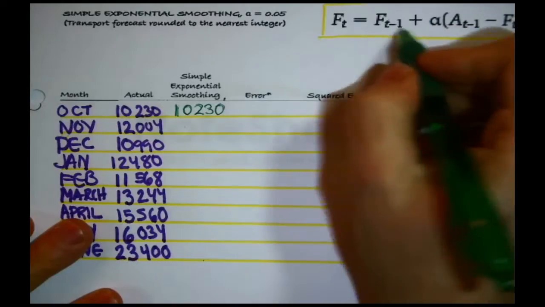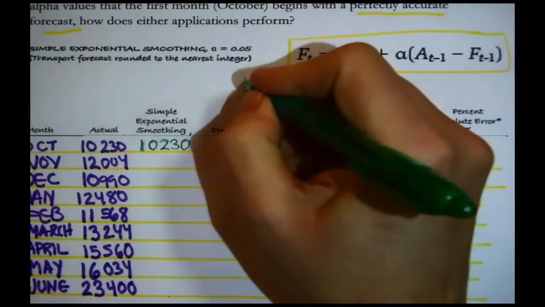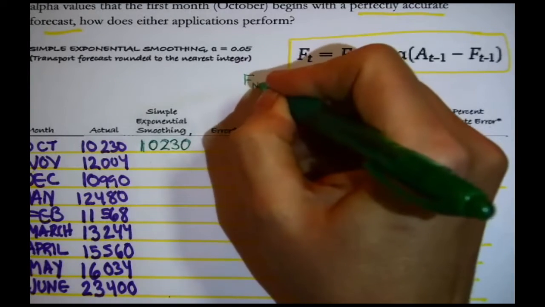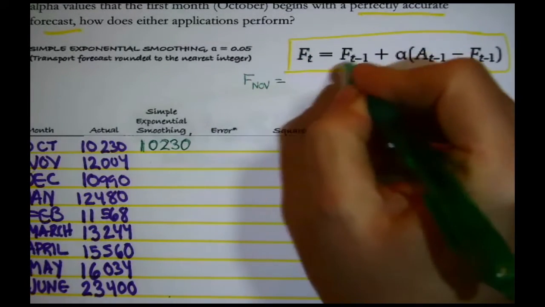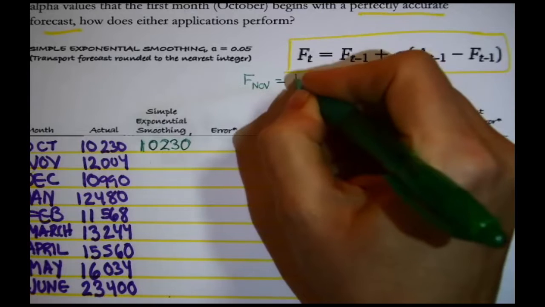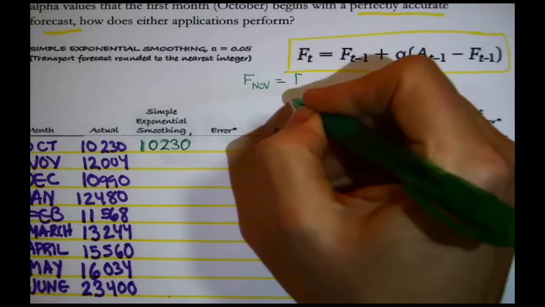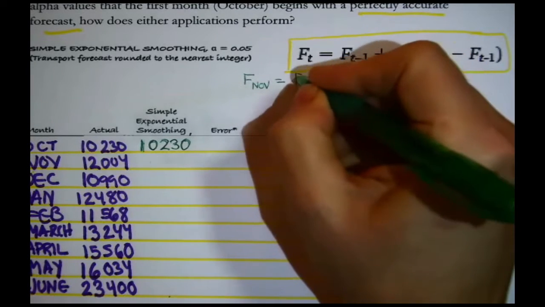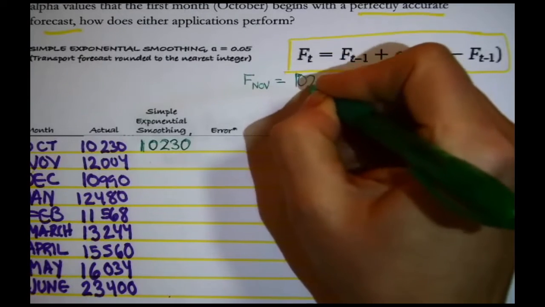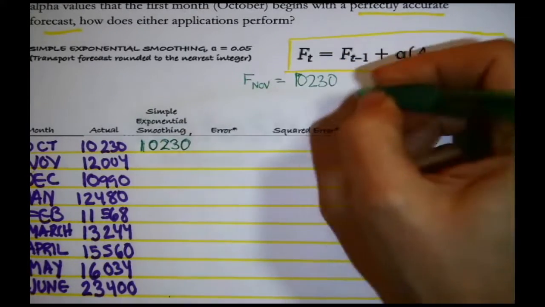And I'm looking over here at the formula. My forecast for November would have been my forecast for the period before, so that's my forecast for October. My forecast for October was 10,230. We were just remarking that, right?